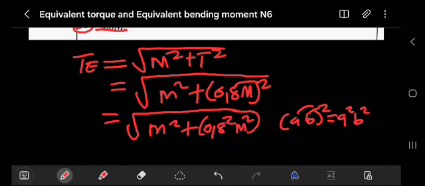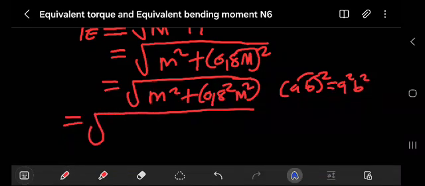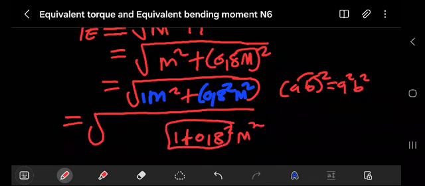Hopefully you can see that all over this square root, the terms have the same M squared. The coefficient here is 1, so it's 1 plus 0.8 squared, times M squared.